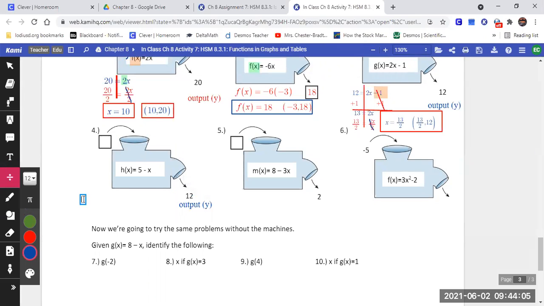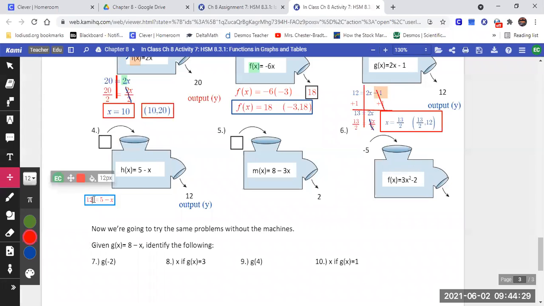So how would I write my work? If that's an output, where do I put it? How would I write the start? If that's an output, what would my first line of my work look like? Yes, 12 equals 5 minus x.